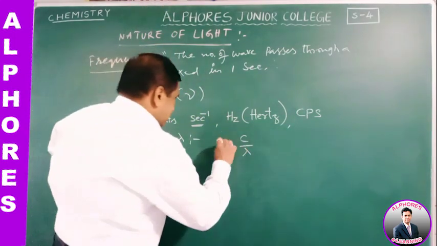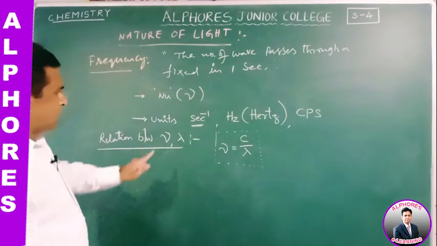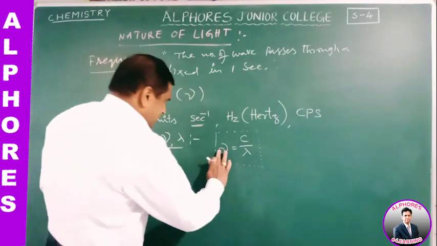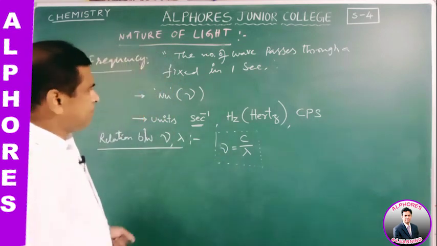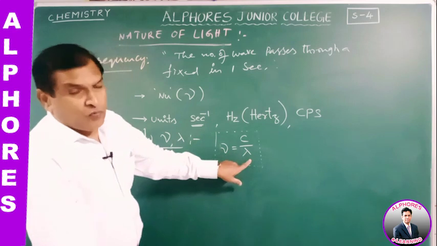That is the relation between frequency and wavelength of the light. So frequency is always inversely proportional to wavelength of the light.